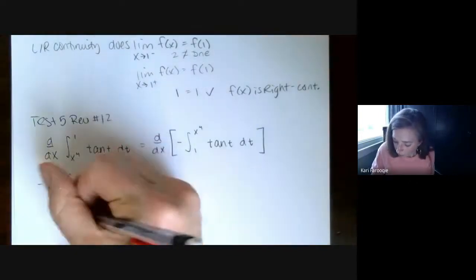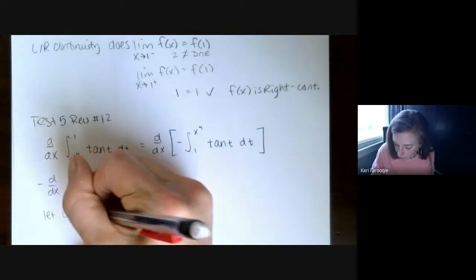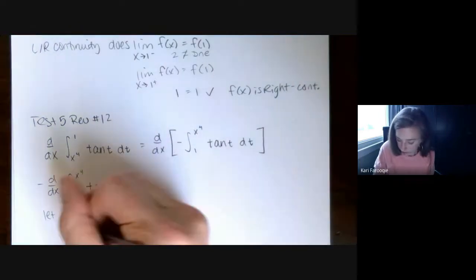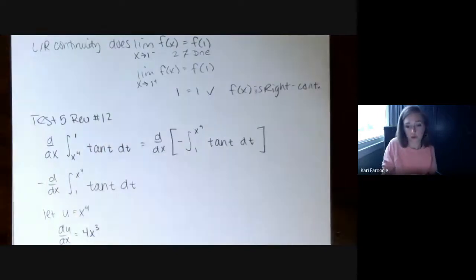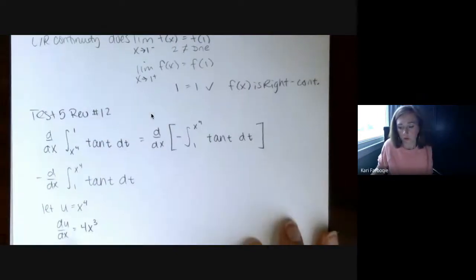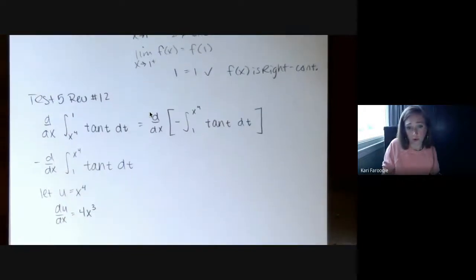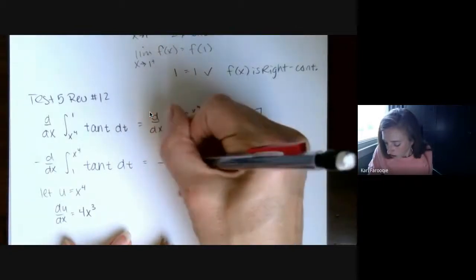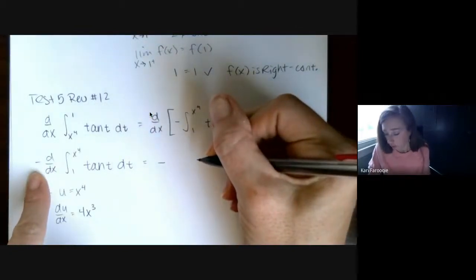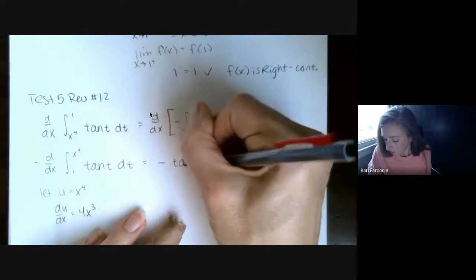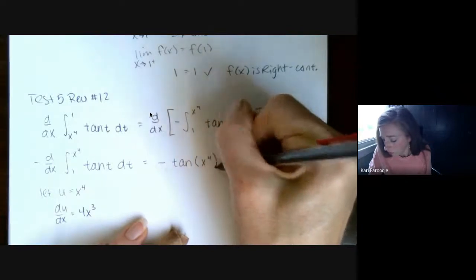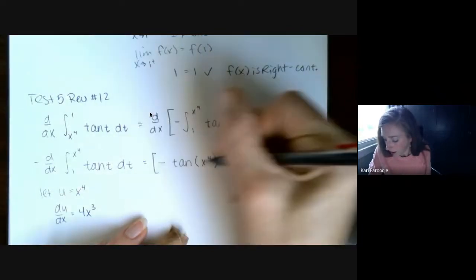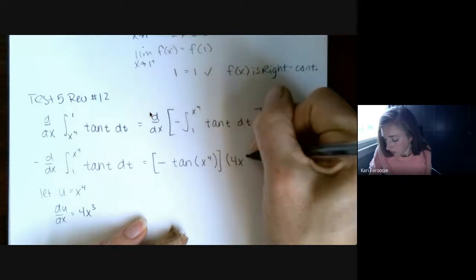So we'll let u be equal to x to the fourth, and then du dx is 4x cubed. So this will be where we use the chain rule when we actually go to apply the derivative, and we'll just kind of pop this onto the function. So we'll rewrite this then as the negative, because I have to keep the negative in front, and we'll keep our tangent, but the tangent, instead of being of t, will be of x to the fourth. And then we're going to multiply that by 4x cubed.